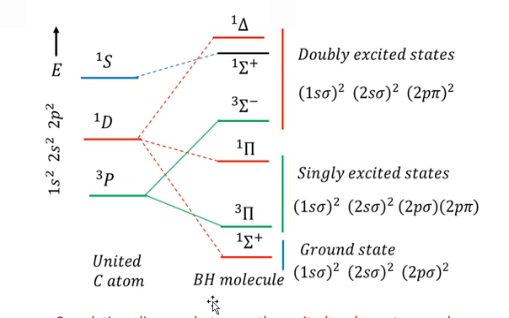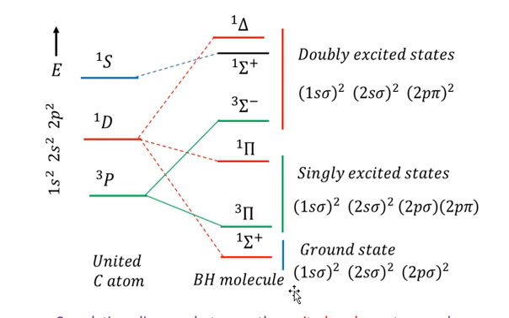And now I have on the right hand side the BH molecule. In the BH molecule, I have the states. The ground state is 1 sigma plus. The singly excited state contains 3 pi and 1 pi. The doubly excited states, in which 2 electrons are excited, have 3 levels: 3 sigma minus, 1 sigma plus, and 1 delta.